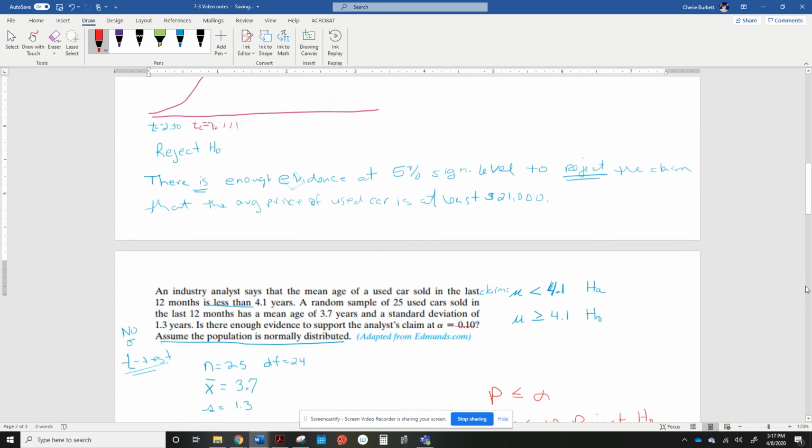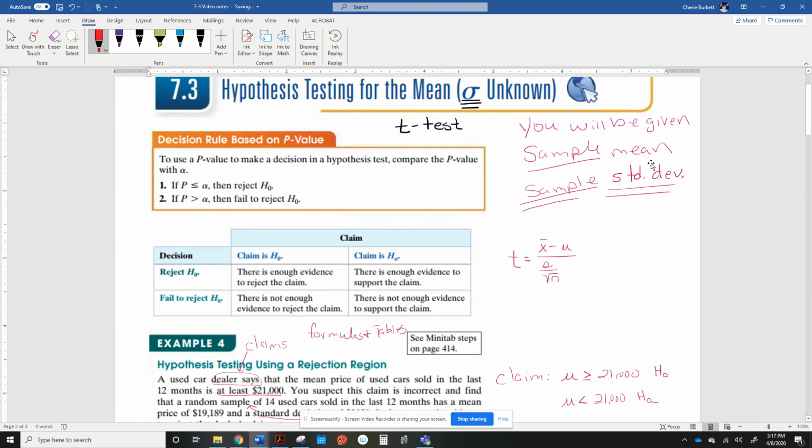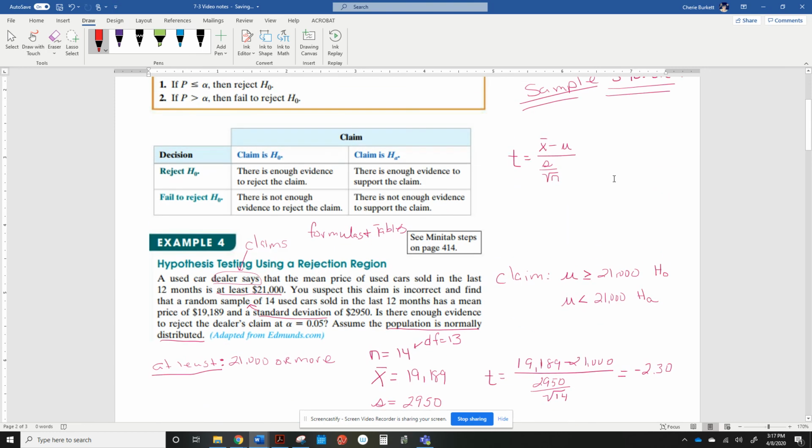So we need to go back and do our little test right here. The claim is the alternative, and we're rejecting the null. The claim is the alternative, so we're in this column right here, and we're rejecting the null. So this time, there is enough evidence to support the claim.